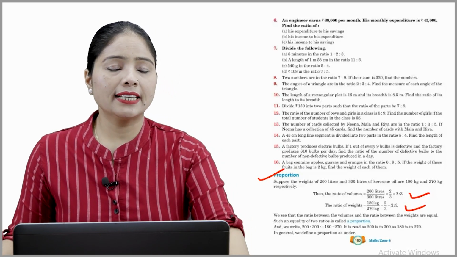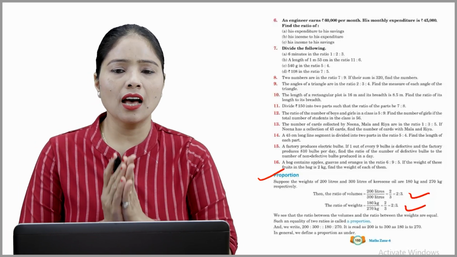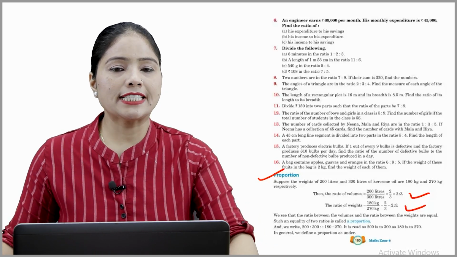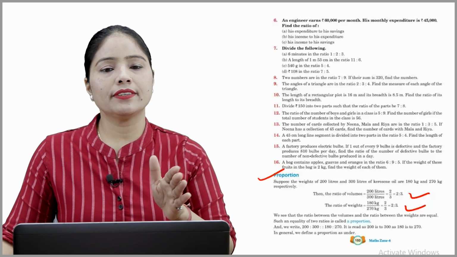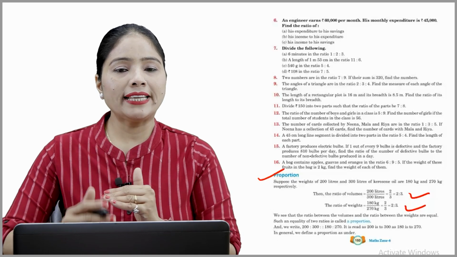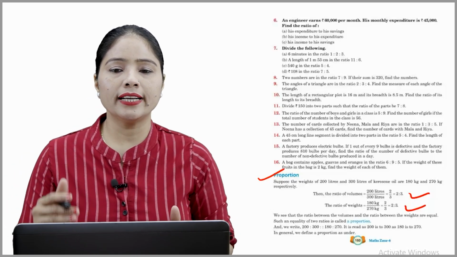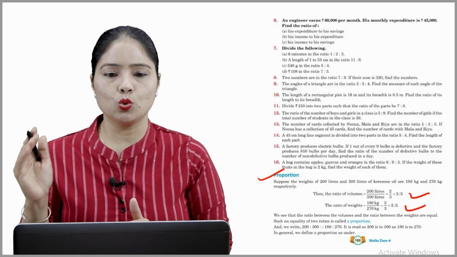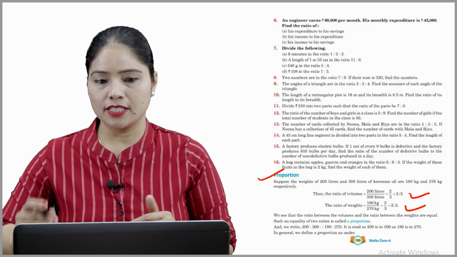We see that the ratio between the volumes and the ratio between the weights are equal. Such an equality of two ratios is called a proportion. And we write 200:300 :: 180:270. It is read as 200 is to 300 as 180 is to 270. In general, we define the proportions as under.